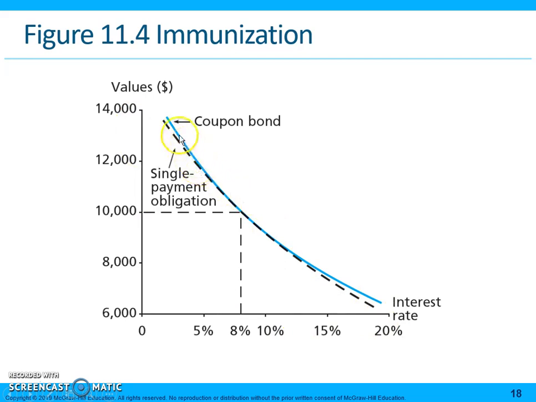You can see that the coupon bond is less sensitive to interest rate changes than a single payment obligation, which we've talked about at length. This is called convexity. The bond price function for the coupon bond is more convex than the single payment obligation, and we'll talk about convexity as we move forward in the chapter.